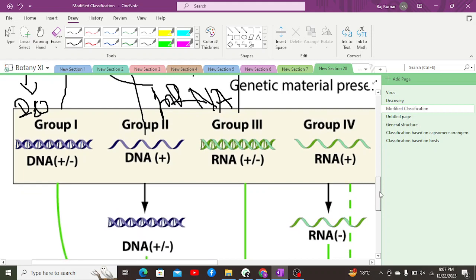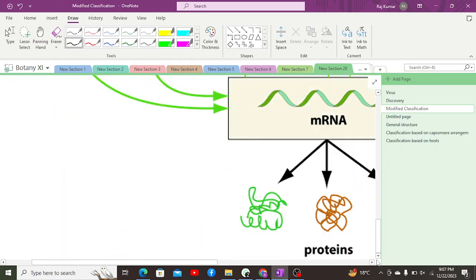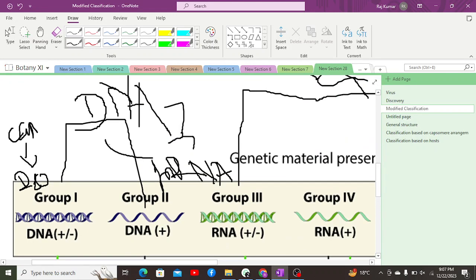Second classification is single-stranded DNA virus. Single-stranded DNA viruses are those viruses which are, one more thing, there's a mistake over here. It's not Rio virus. Instead of Rio virus, we can consider another example of double-stranded DNA virus.